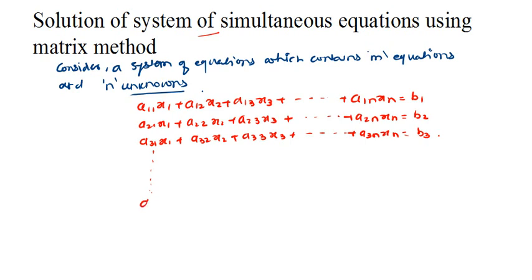So this will be the mth equation, am1 x1, am2 x2, am3 x3 plus so on amn xn is equal to bm, so that it contains m number of equations.